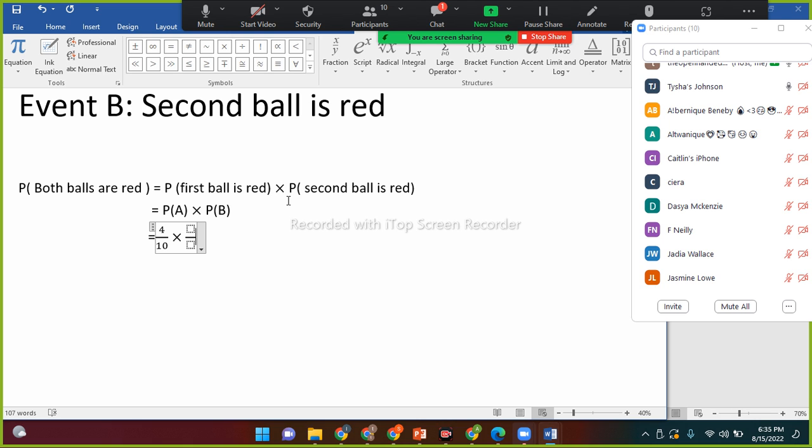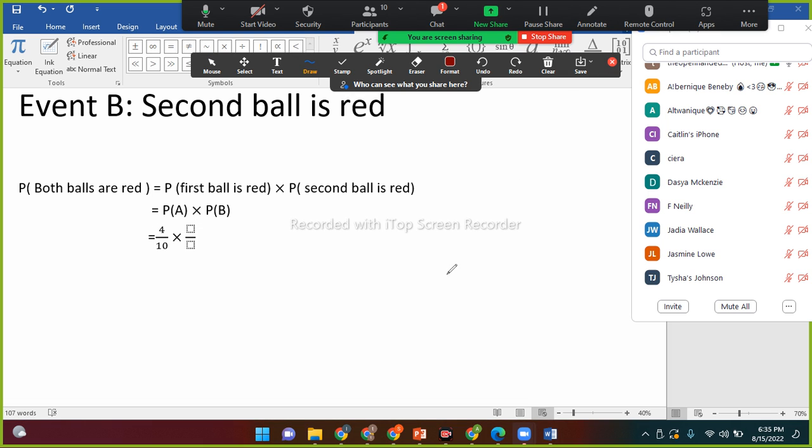Because there's 4 red balls. No, more than that. Remember, if we look at the experiment, when we take a ball from this, we put it back. So for the probability of the first ball, we took out our first ball, and it was red.